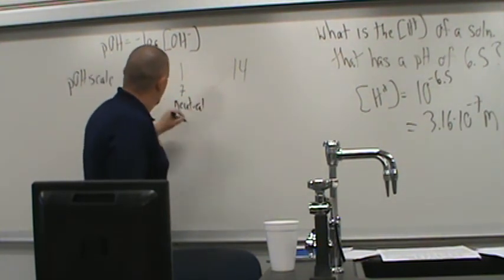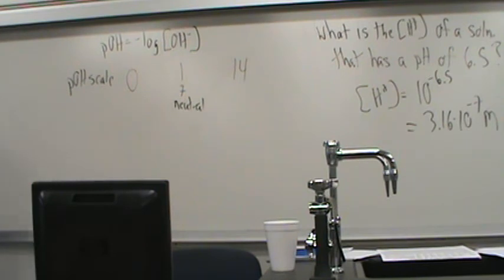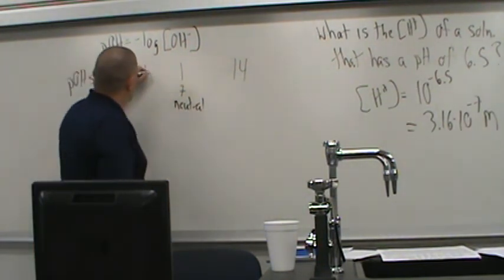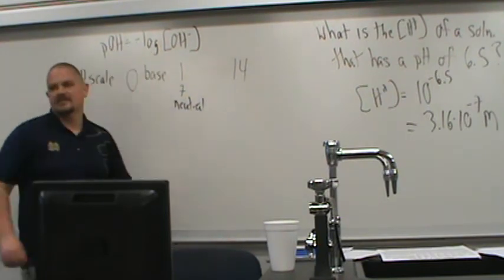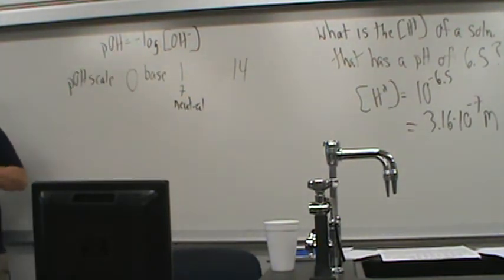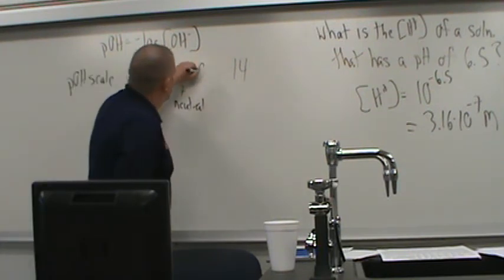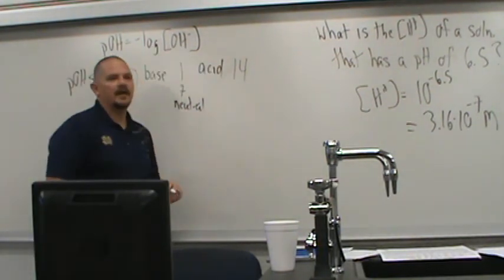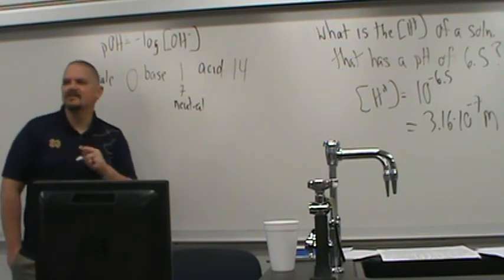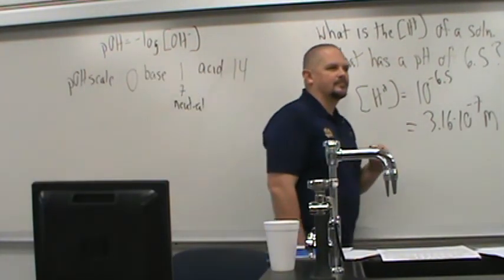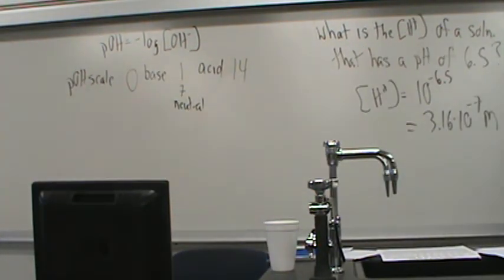Now, from 0 up to not including 7, in this situation it's going to be a base. Anything higher than 7 up to 14 is going to be an acid. Why is that? Anybody have a thought?